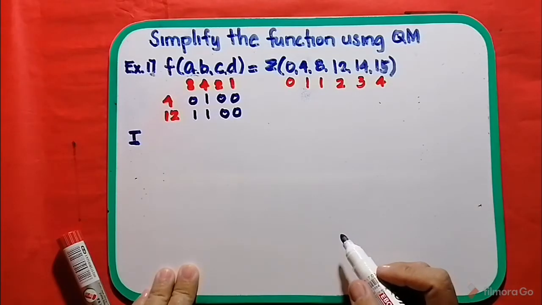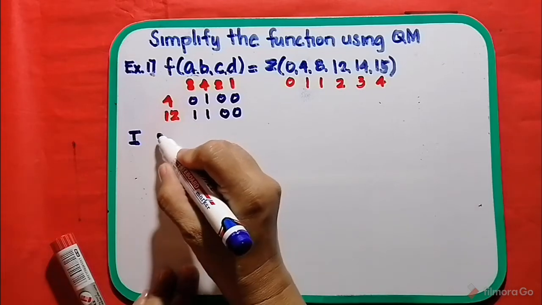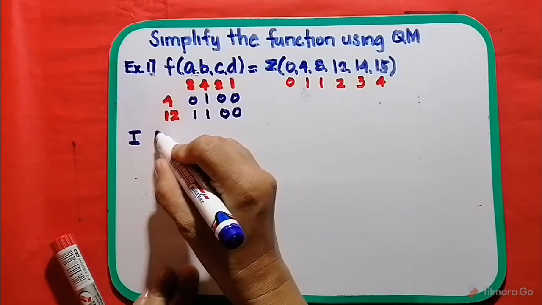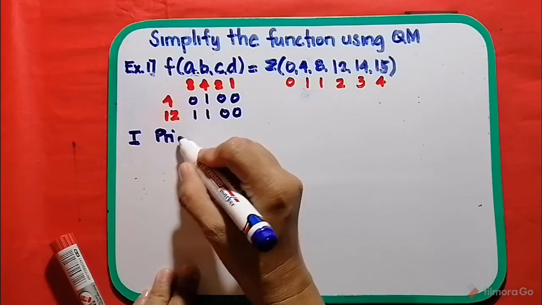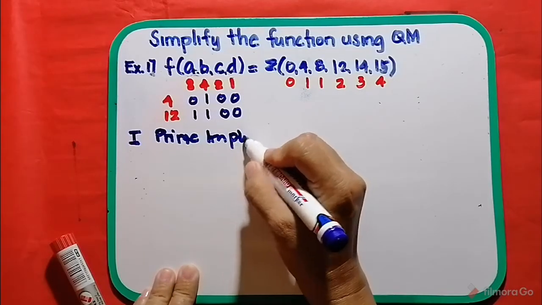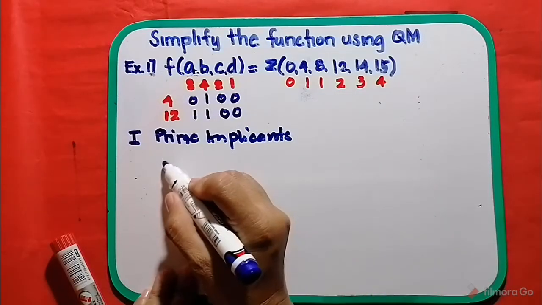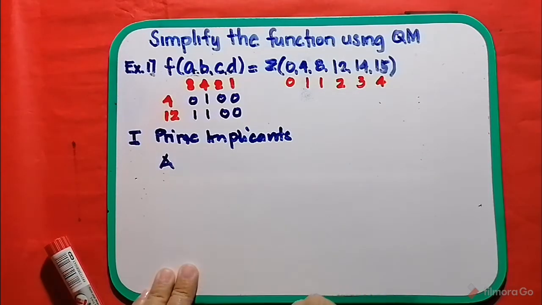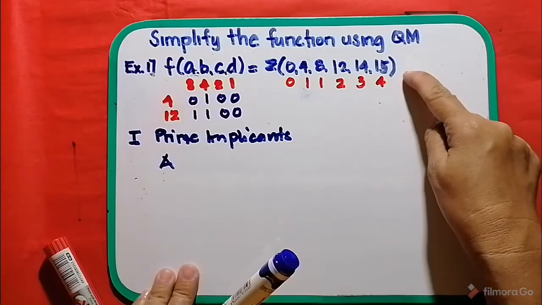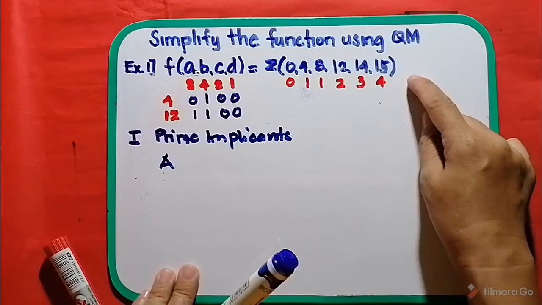the Quine-McCluskey method. Part 1 is we simply determine the prime implicants. So for column A, we simply group these implicants according to the number of ones they contain.